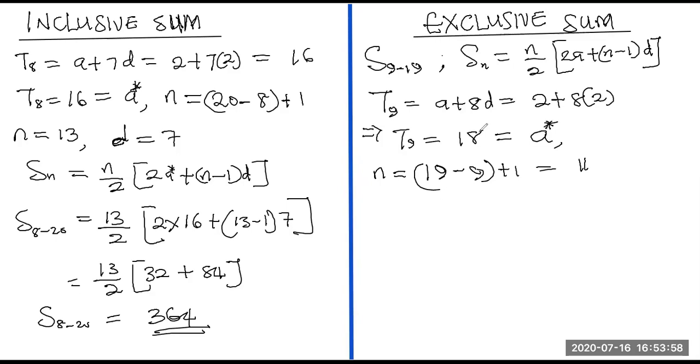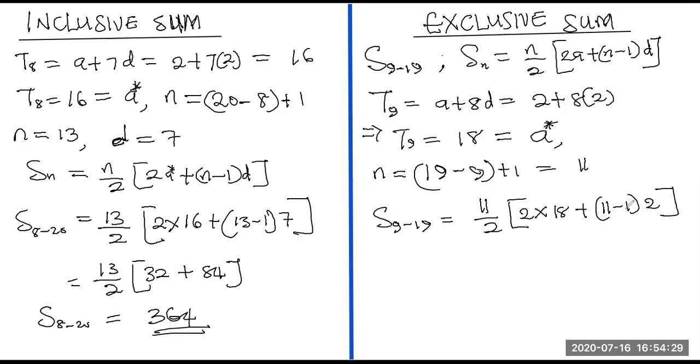When we put it into the formula, we are going to have our sum 9 to 19 equals n, which is 11, over 2 into 2 multiplied by the pseudo first term, which is 18, plus n, which is 11 minus 1, multiplied by the common difference of 2.